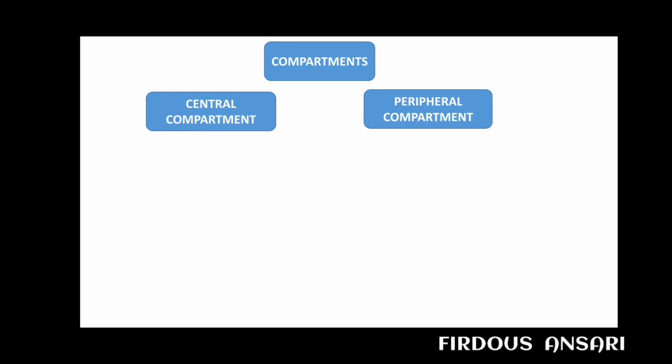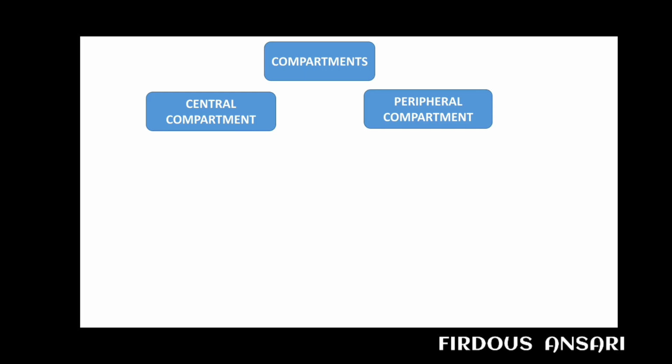So our body has different systems through which blood supply is different, as well as drug distribution is also different. So they represent different compartments of drugs. See, a compartment is a tissue or a group of tissue having similar blood flow and similar drug affinity. So depending upon this, we have divided compartments into two types.